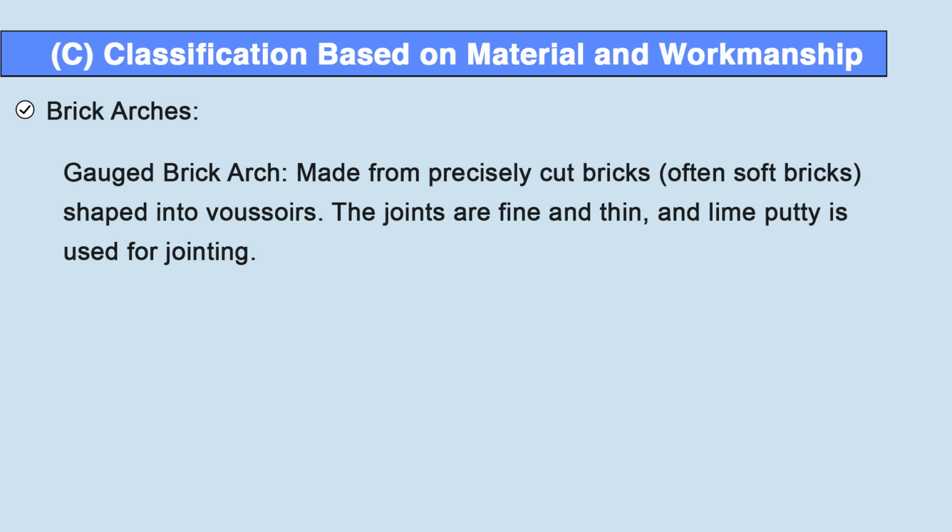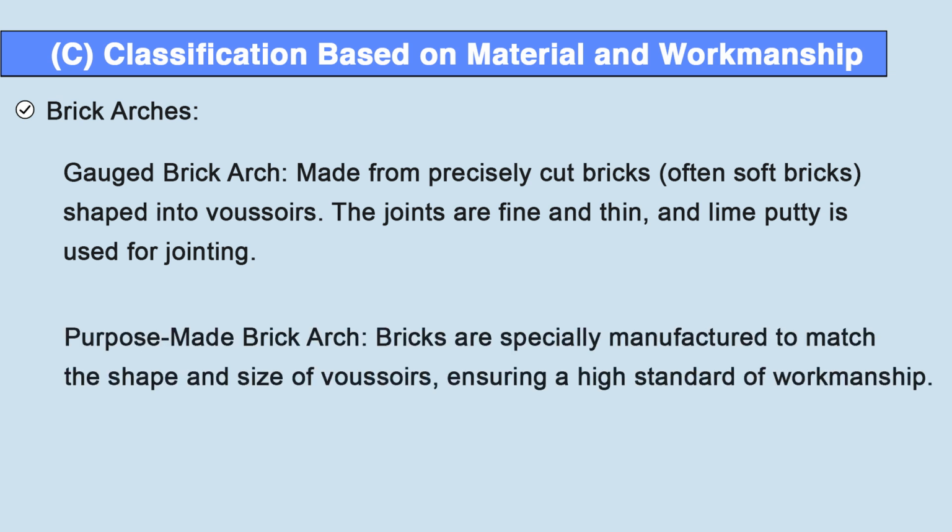The joints are fine and thin and lime putty is used for jointing. Now the next one is purpose made brick arch. Bricks are specially manufactured to match the shape and size of voussoir, ensuring a high standard of workmanship.